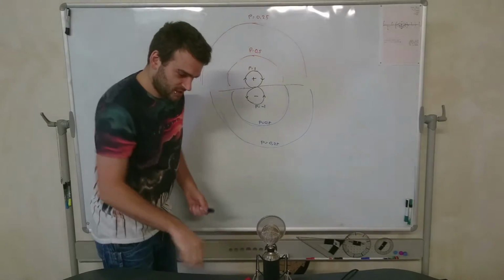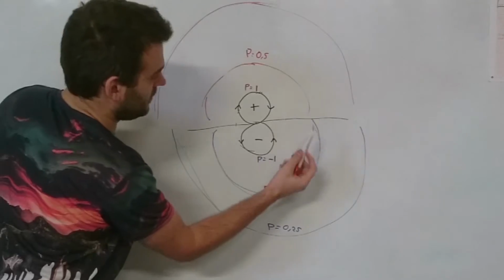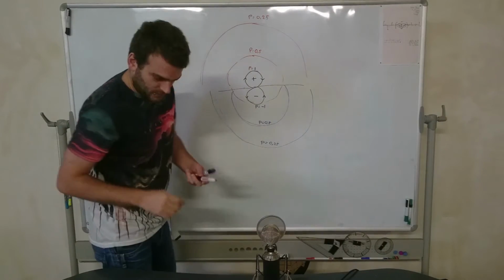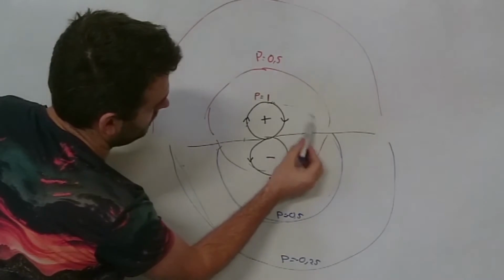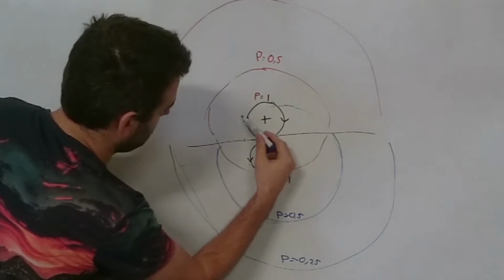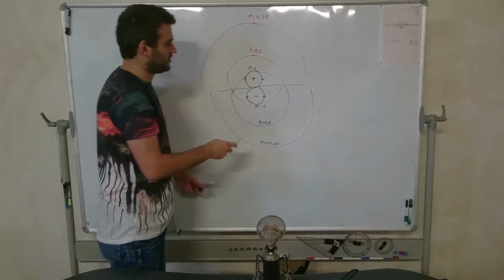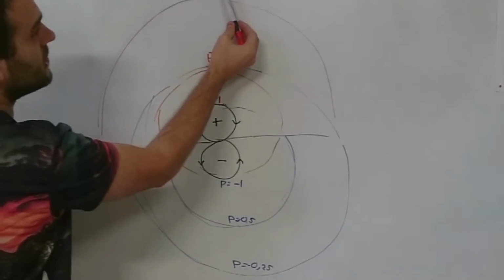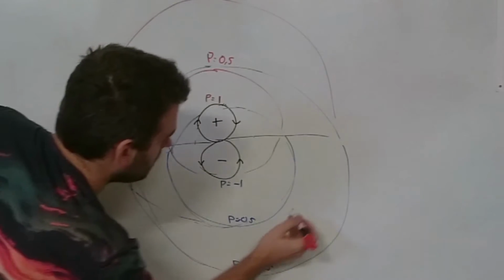So what's going to happen is that this pressure equals 0.5 would continue in a circular manner there. And the next one would go, you see they touch each other, and the pressure of this positive circle at 0.25 is going to cross here.